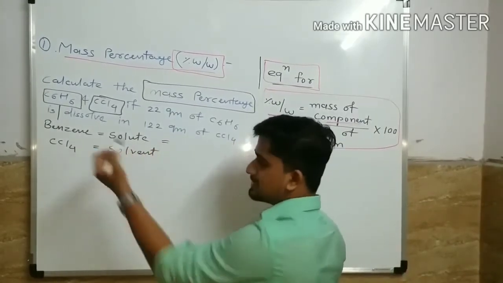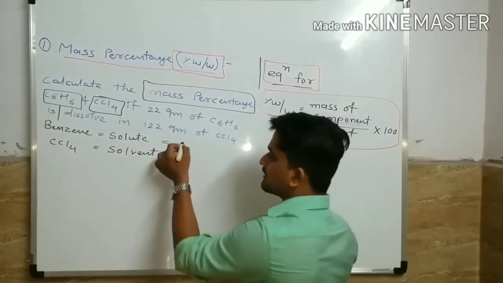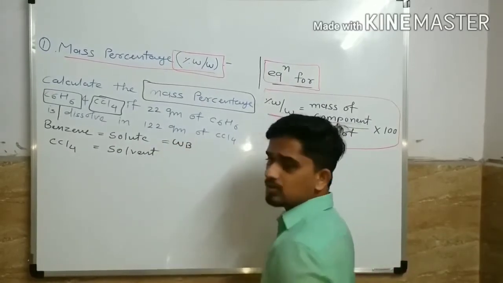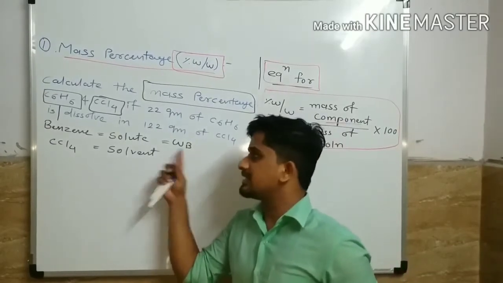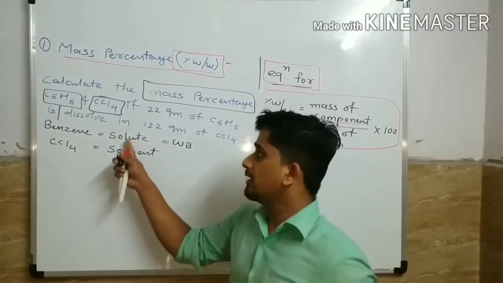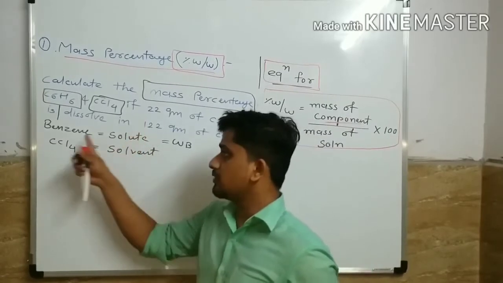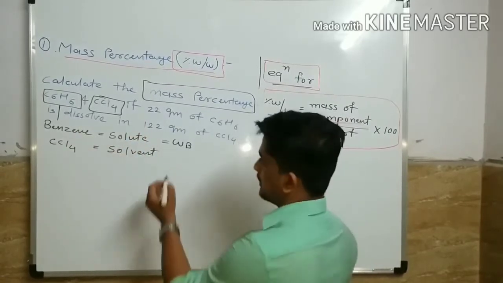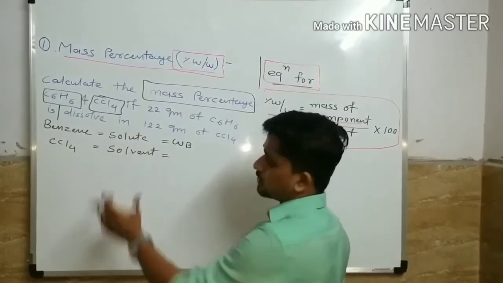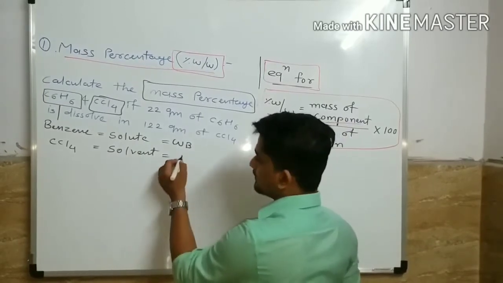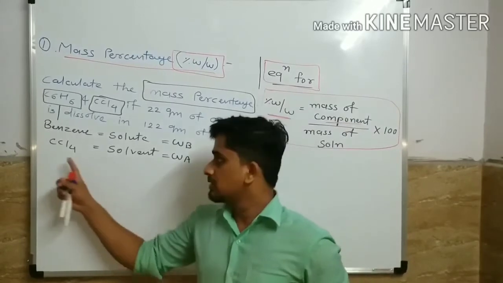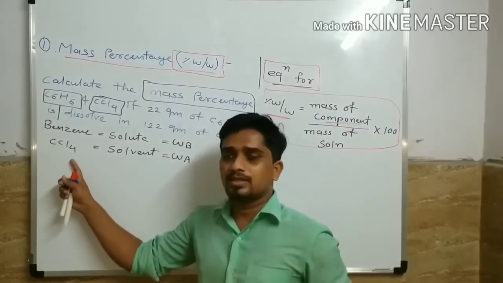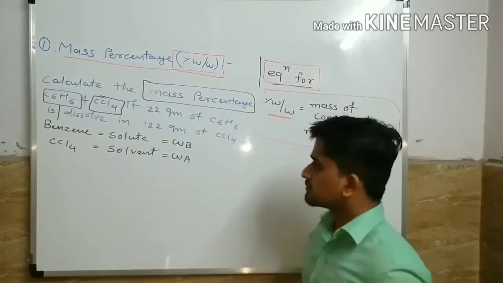Mass of benzene we are going to represent by WB. I already told you that B stands for solute, and in this question the solute is benzene. And mass of the solvent we are going to represent by WA, where A is the solvent, and carbon tetrachloride is our solvent.